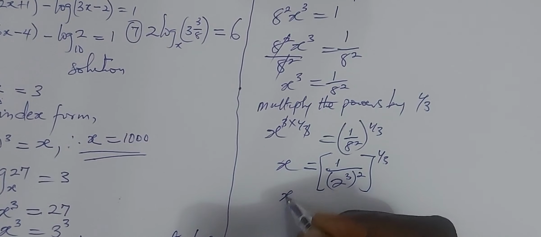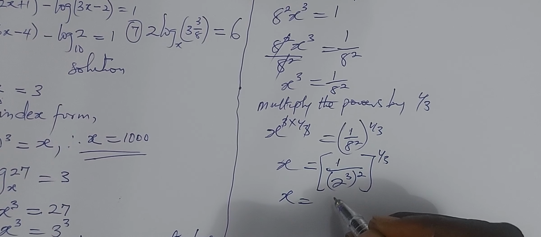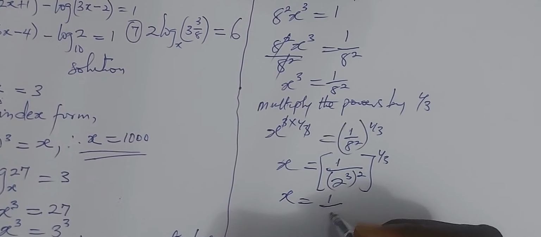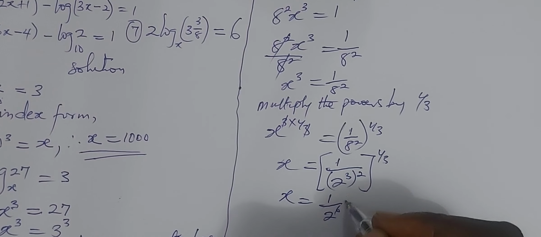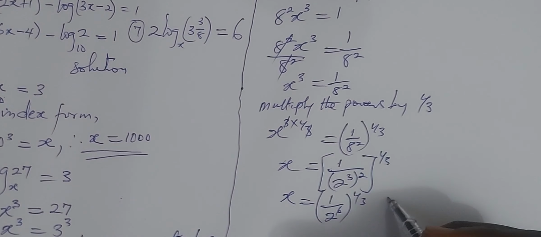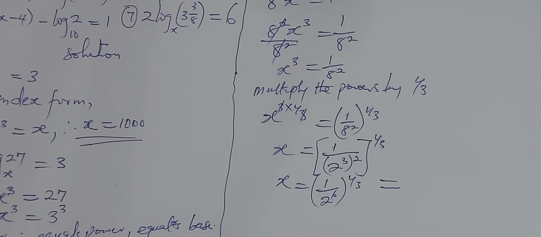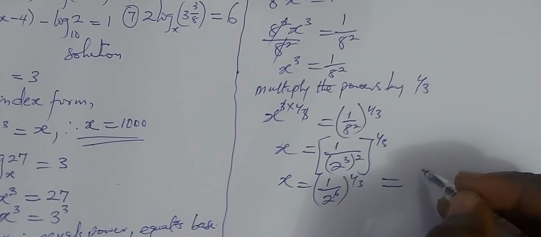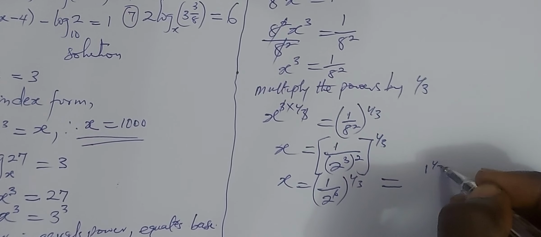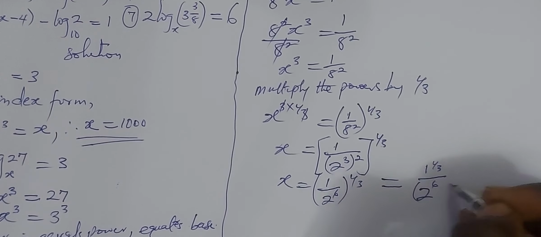So you can solve this to be, this times this is 6. 1 all over 2 raised to the power of 6, everything raised to the power of 1 over 3. And it will go on to be, multiply everything, which is 1 raised to the power of 1 over 3 all over 2 raised to the power of 6, everything multiplied by 1 over 3, because it belongs to all of them.